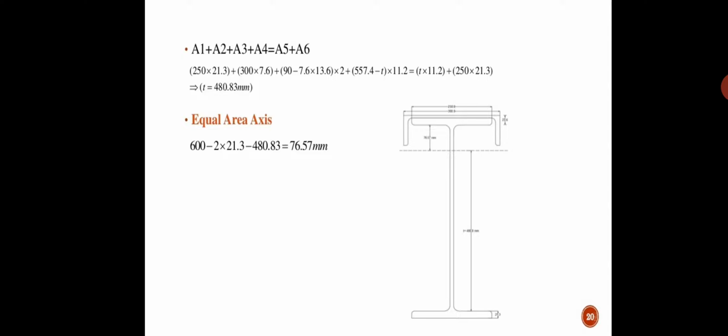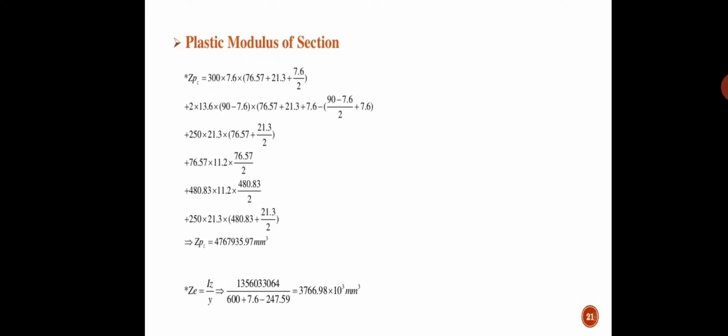Then we get the plastic section modulus. So for equal area axis, 600 minus 2 into 21.3 minus 480.83 is equal to A5 plus A6, which is nothing but 76.57 mm. So now we introduce plastic modulus of section.